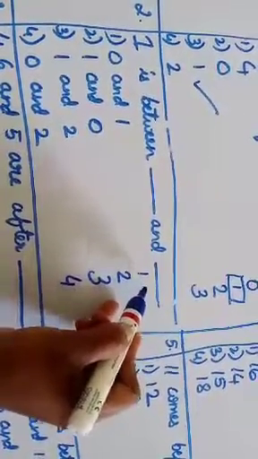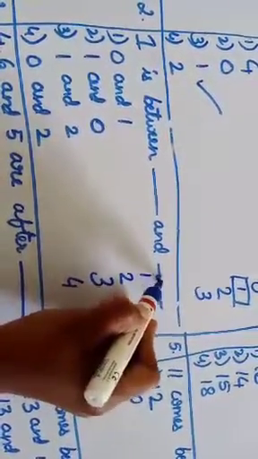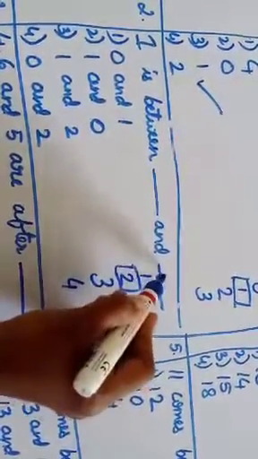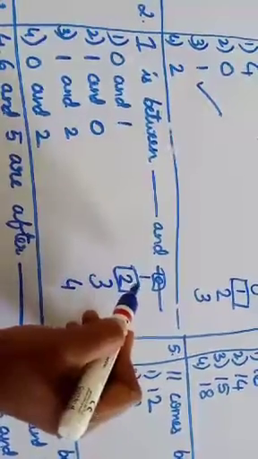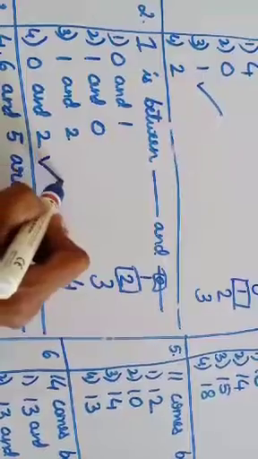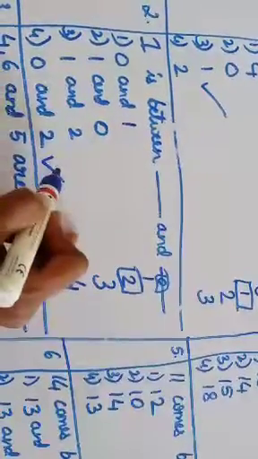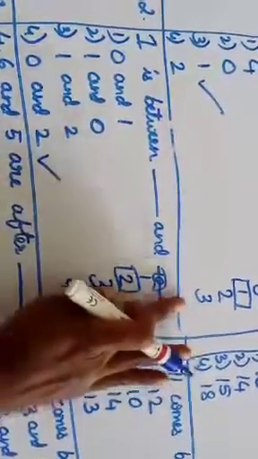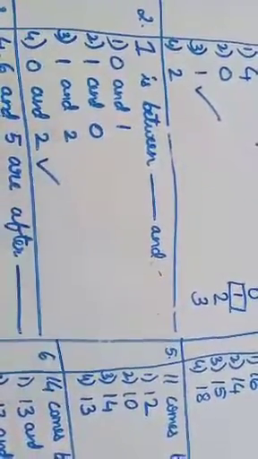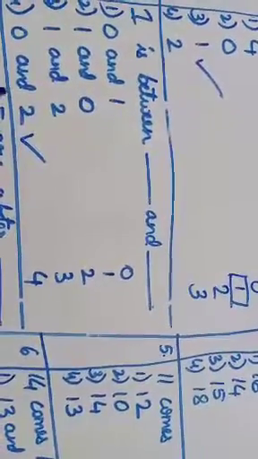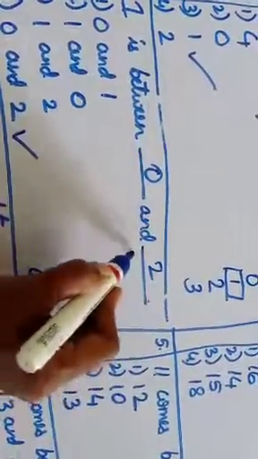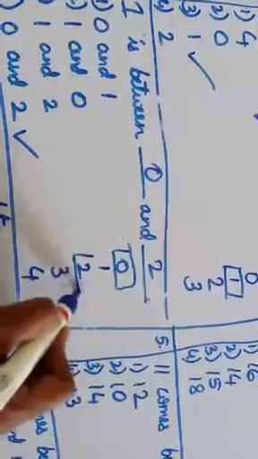Here is the 1. So, you can write here 0 also. So, 1 is between 2 and 0. Yes. So, the answer is 0 and 2. Option 4 is the right answer. You can write here 0 and 2. The correct answer is 0 and 2.